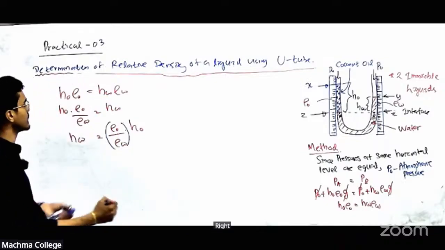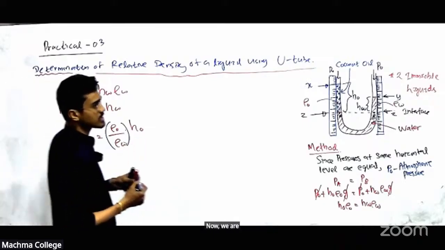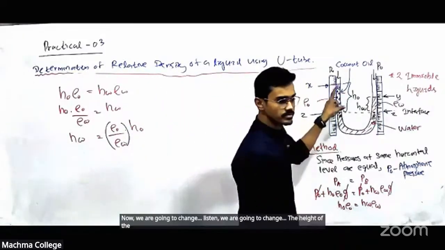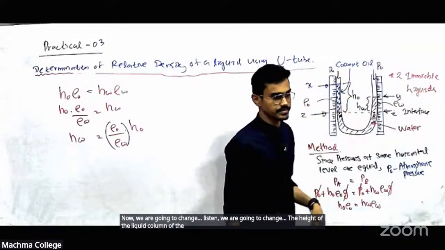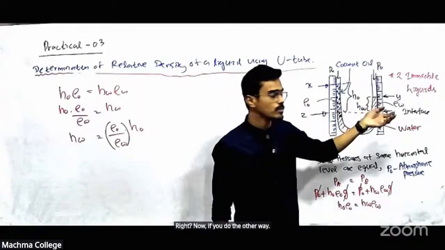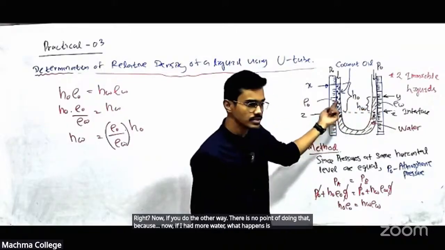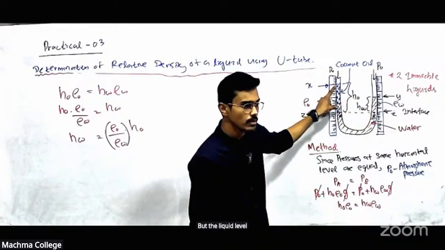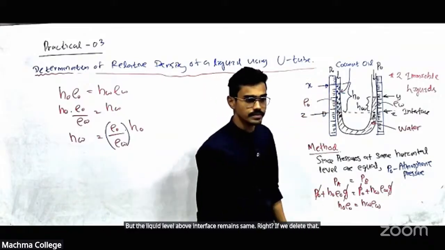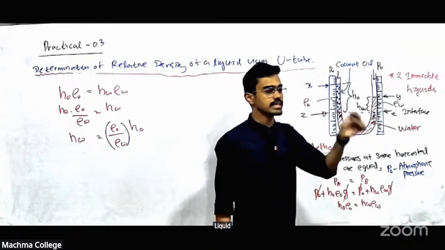Right? Okay, then when we are going to plot the graph, listen, we are going to change the height of the liquid column of the lesser density. Now, if you do the other way, there is no point of doing that, because if I add more water, what happens is the interface goes up, but the liquid level above the interface remains the same. So therefore the liquid with lesser density is always added, coconut oil.